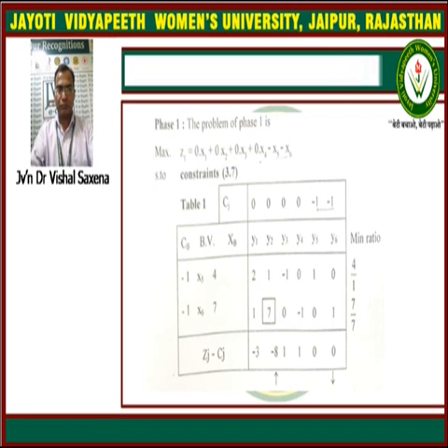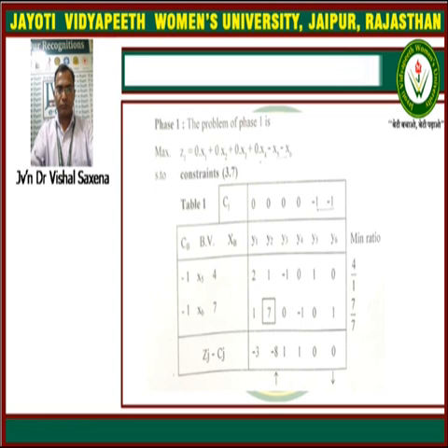Okay, next we are making a table. This table consists of CB, basic variable, XB, and the variables y1, y2, y3, y4, y5 and y6. Their costs Cj, as we have seen in the objective function, are taken as 0, 0, 0, 0, -1 to y5 and -1 to y6.